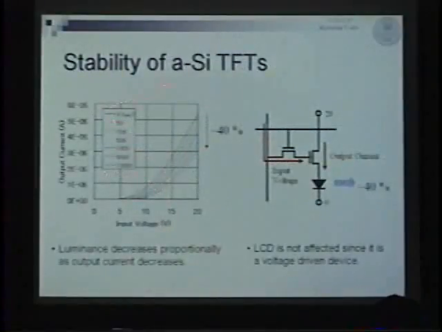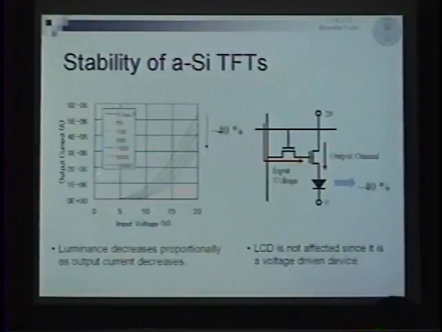In terms of the stability of the amorphous silicon TFT, I worry. Amorphous silicon TFT has a very high instability. So people worry about its effect on image quality or display lifetime.